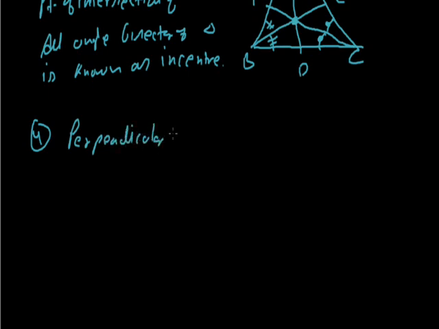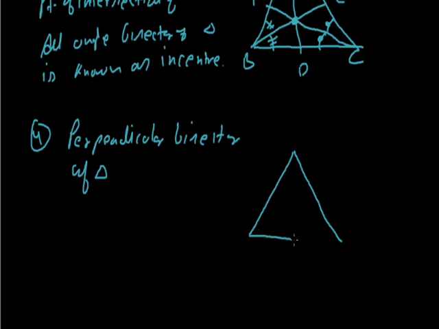Now we come to another term, the fourth one, the perpendicular bisector. Perpendicular bisector of a triangle means, let's say we have a triangle ABC. Let's say the midpoint of BC is D, and we draw a line which is perpendicular to BC. This line is called the perpendicular bisector of BC. In the same way, let E be the midpoint of AC, and from E I draw a perpendicular.